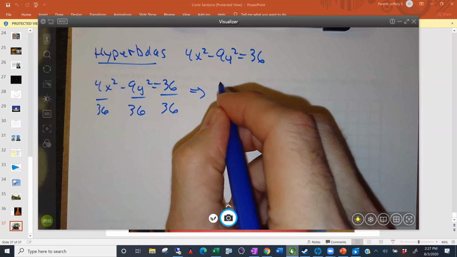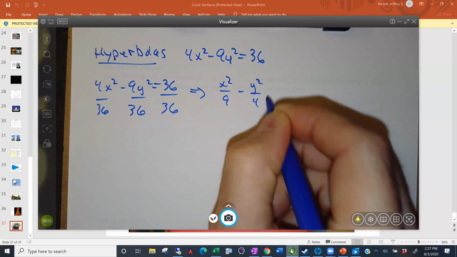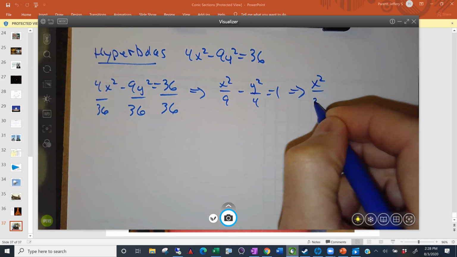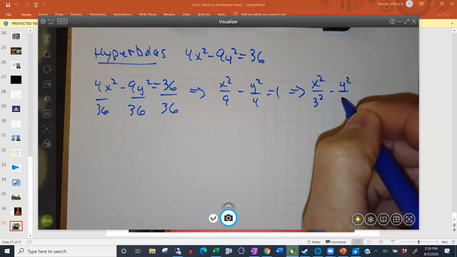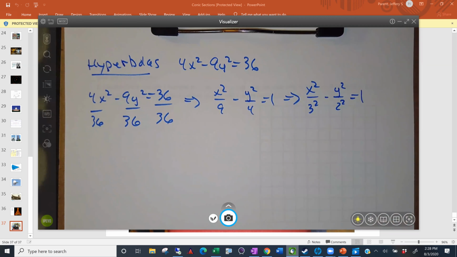That would give me x squared over 9 minus y squared over 4 equals 1, which can be further rewritten as x squared over 3 squared minus y squared over 2 squared equals 1. And that's a good place to get things rolling.